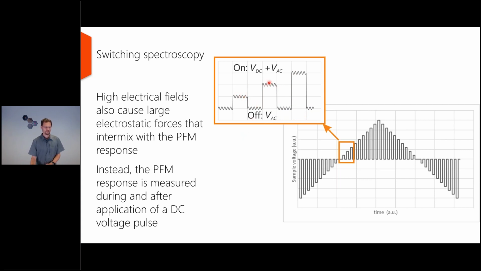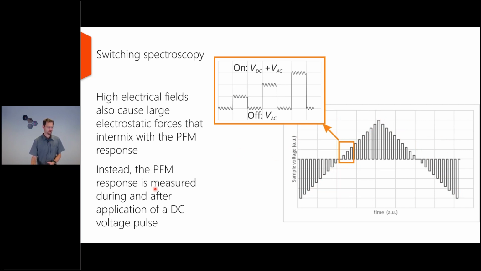In the on state, of course, you have your electrostatic contribution, but in between you have areas without the applied DC voltage, and you can keep the electrostatic contribution in the measurement down. You can do that in this way, starting, for example, at very low voltages, stepping to high voltages and back down, and you can look at what the response is doing.